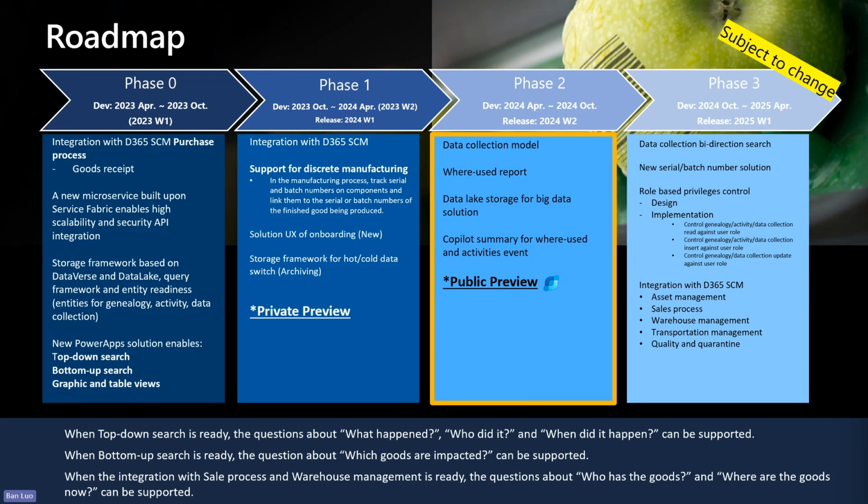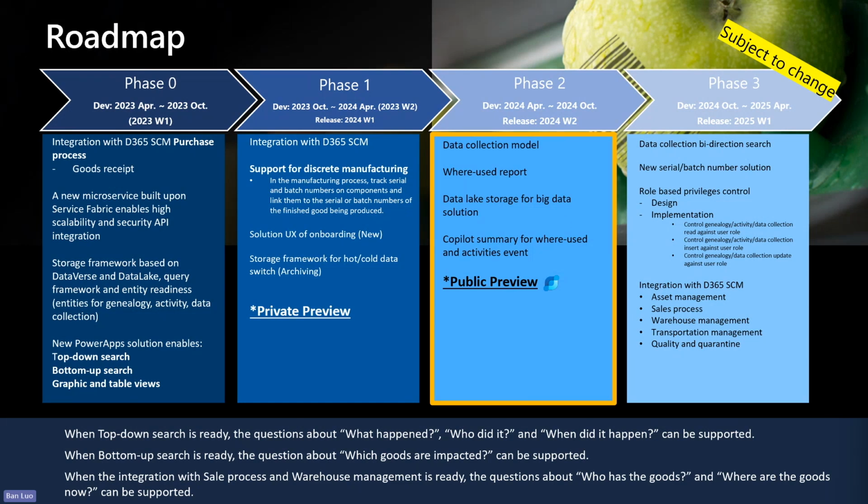That's why we will use data lake for long-term storage. And we will also introduce the Copilot summary, which uses the report and activity details to give you a quick insight of the impact of defects for the record process, and also for the object supply chain history information.